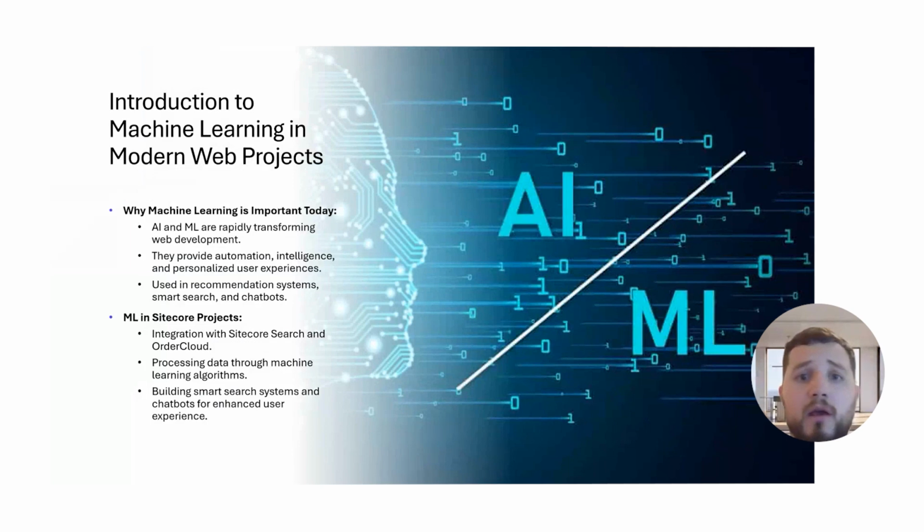Today, artificial intelligence and machine learning are changing technology very quickly. They're no longer just ideas. They are used a lot in web development now. AI and ML help us create faster, smarter, and more efficient systems.